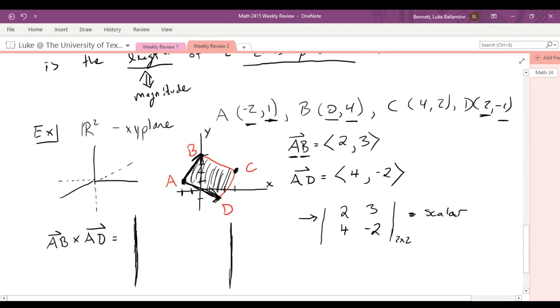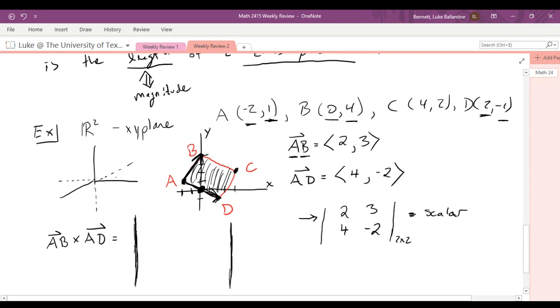It's like the z-axis is pointing out of the page right here. And so the cross product gives a vector that's orthogonal to both AB and AD. Now, the only way to do that would be to either come out of the screen or go into the screen.